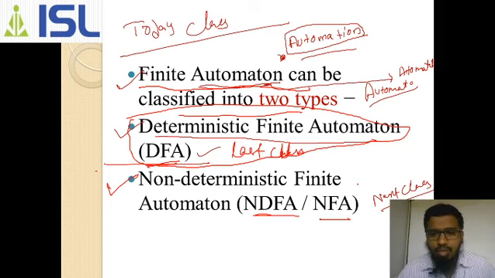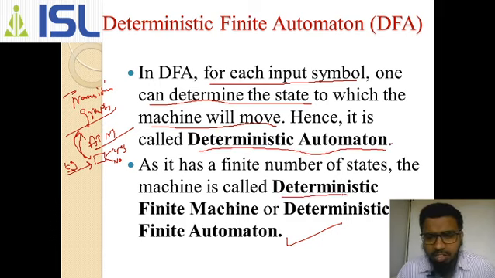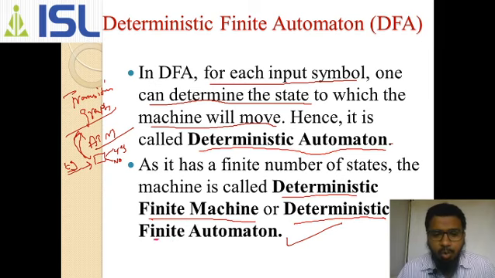So before that, first we will see what the DFA is. In a DFA, for each input symbol one can determine the state to which the machine will move. Okay, this is a deterministic finite automation.